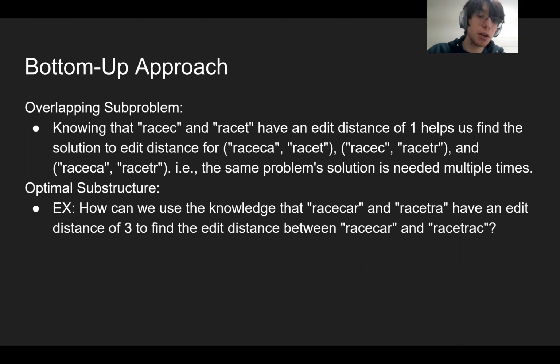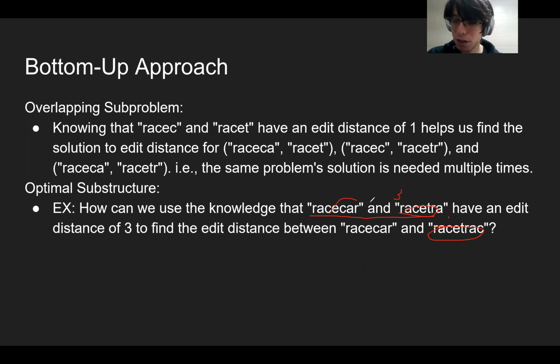How about optimal substructure? How can we use the knowledge that racetrack and racetraw have an edit distance of 3 to find the distance between these? Well, what's the edit distance from here to here? 1, right?